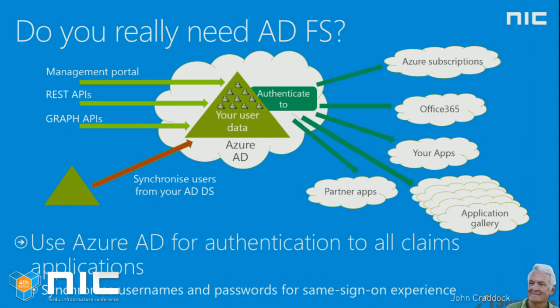With AD on premises, there's very limited support. It does support OAuth 2, but it really supports OAuth 2 for things like workplace join and work folders at the moment. That support will get richer, but in terms of supporting the device protocols, if it's browser based, then it's not a problem. But if you want to go directly from the app, you need the ability to support things like OpenID Connect and also OAuth 2, and Azure does that beautifully.